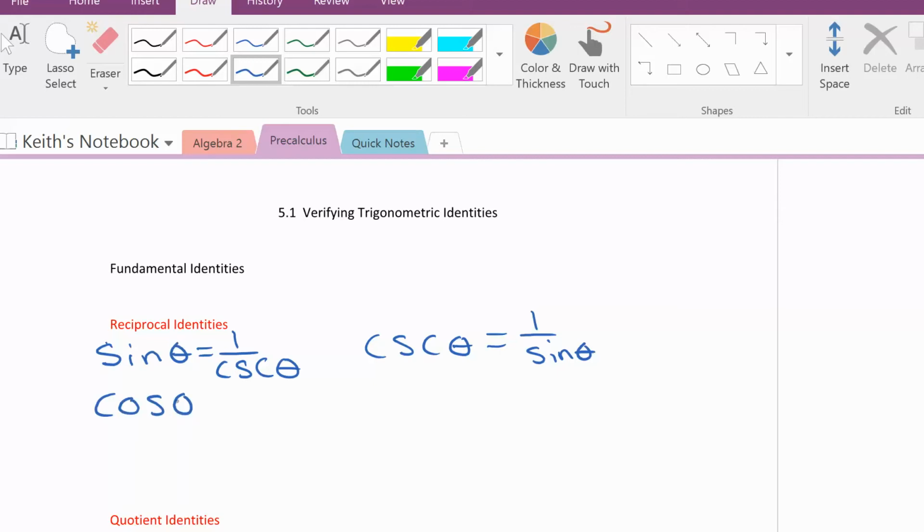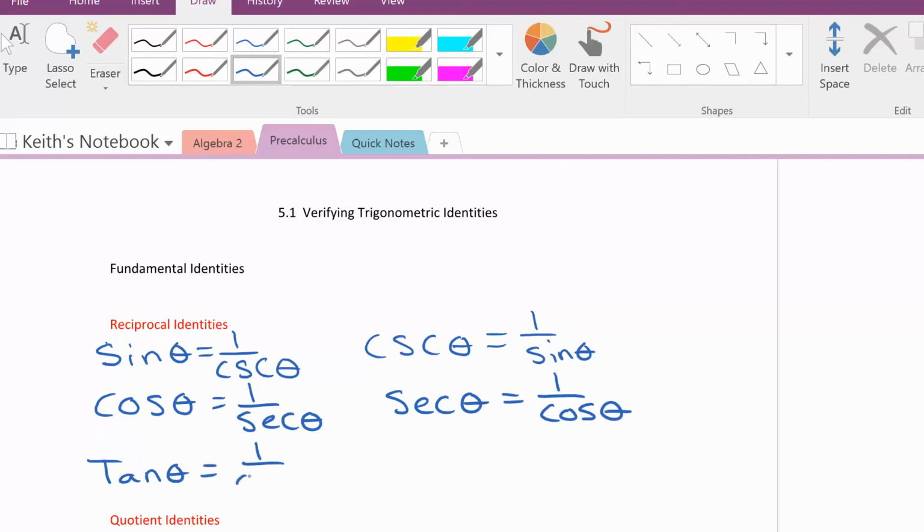Cosine is equal to 1 over secant, and secant is equal to 1 over cosine. Then tangent is equal to 1 over cotangent, and then cotangent is equal to 1 over tangent.